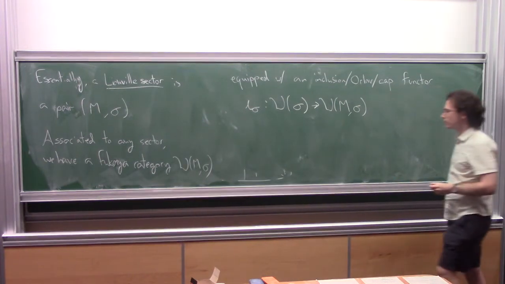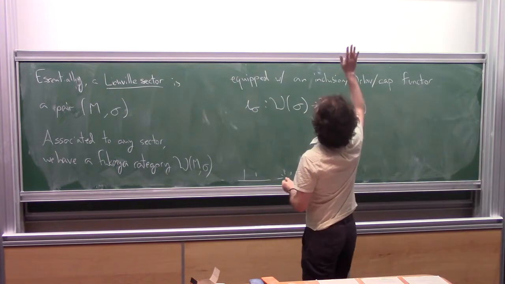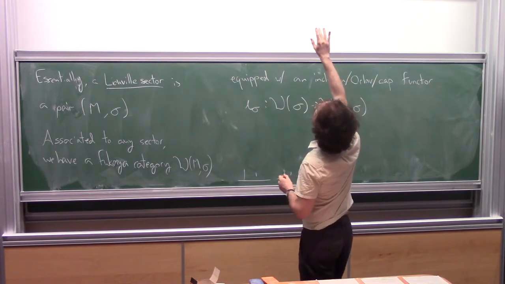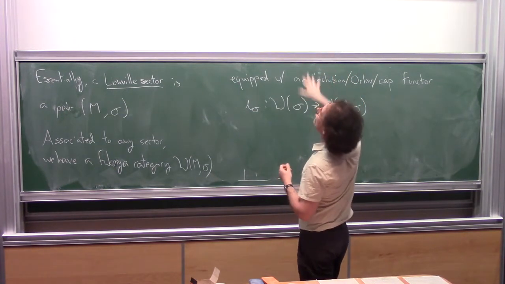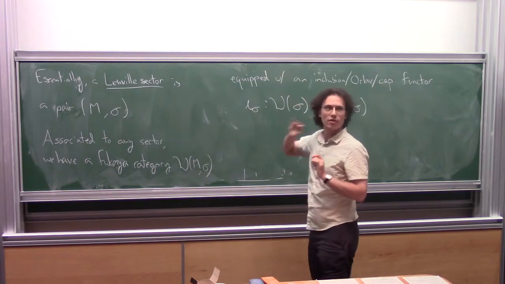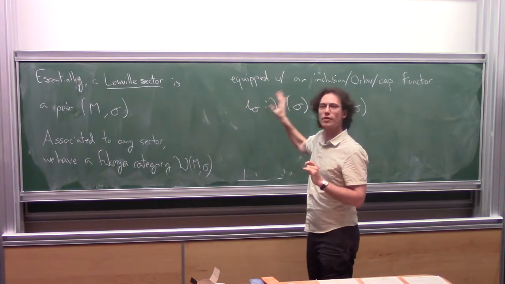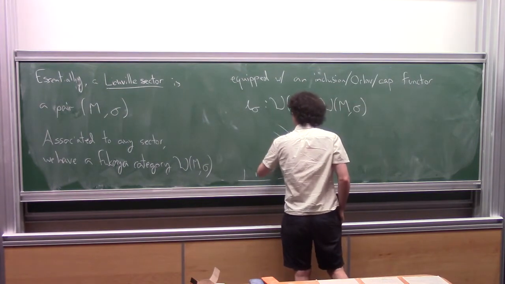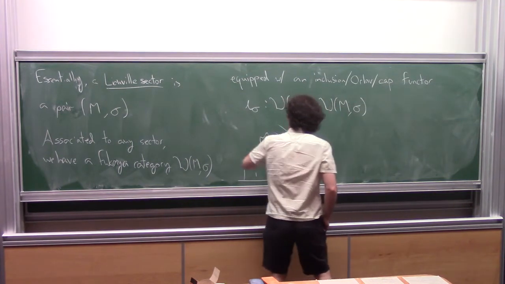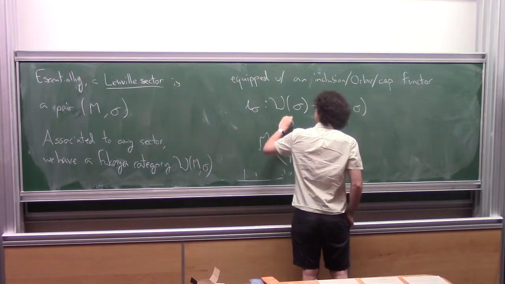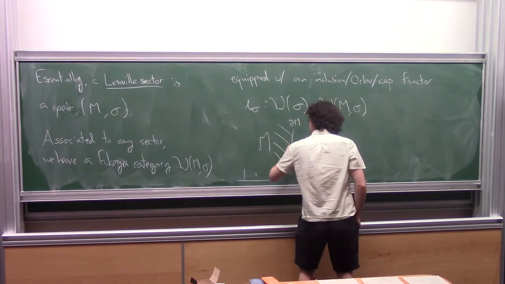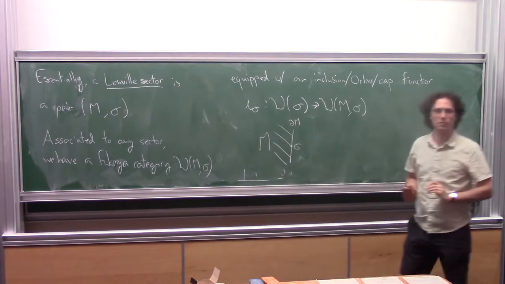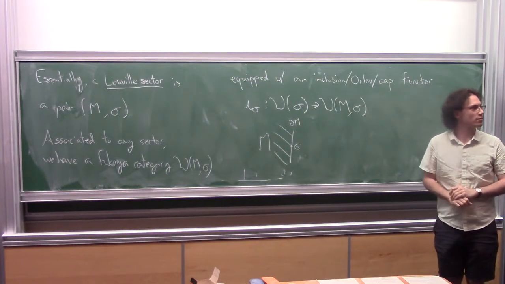So let's draw a picture of this. I'm going to draw a picture as if sigma were the fiber of some superpotential. It turns out any stop is locally of that form. So here's M, here's the boundary of M, and here's sigma.